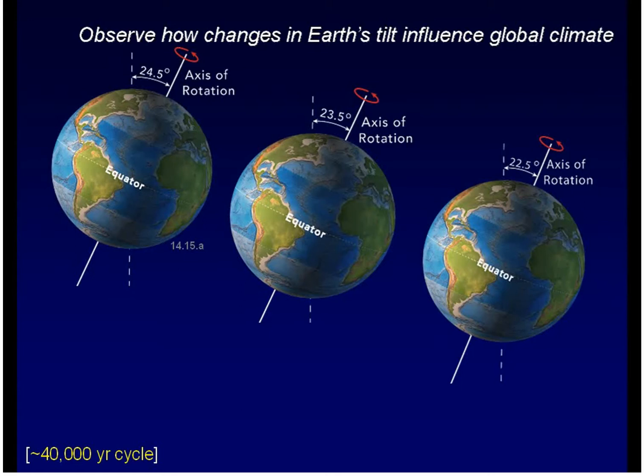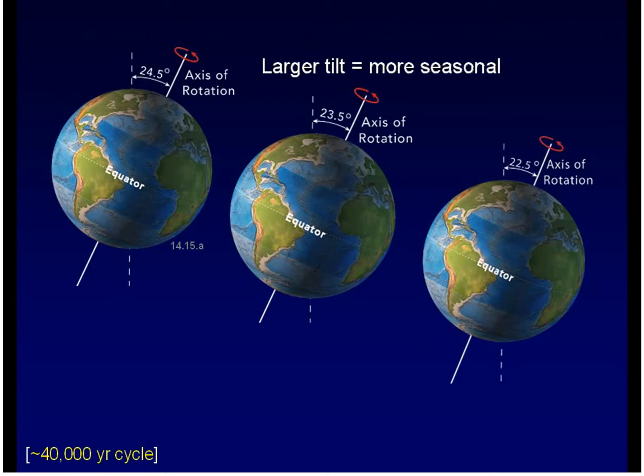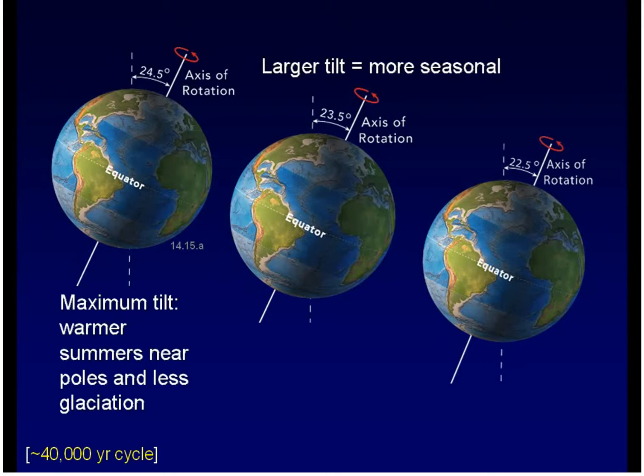If we have a larger tilt, we get more seasonality. With maximum tilt, there are warmer summers near the poles and less glaciation.